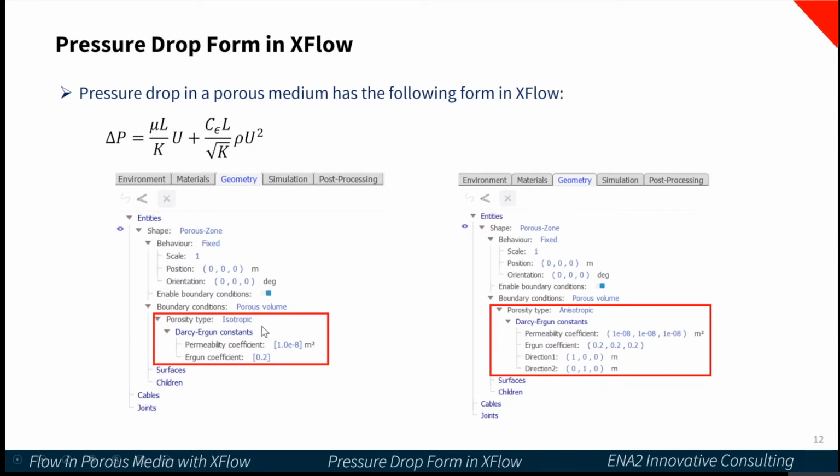The software asks if the porosity type is isotropic or anisotropic. In isotropic, the direction is not important, so it asks for the permeability coefficient and Ergun coefficient just once. However, in anisotropic form, you need to define the permeability coefficient and Ergun coefficient in 3 dimensions.